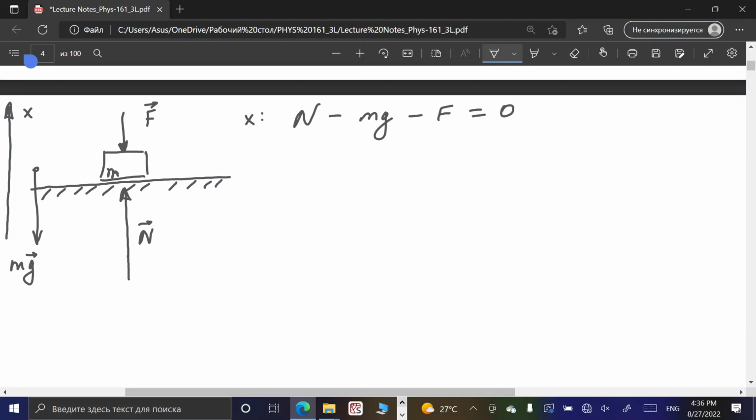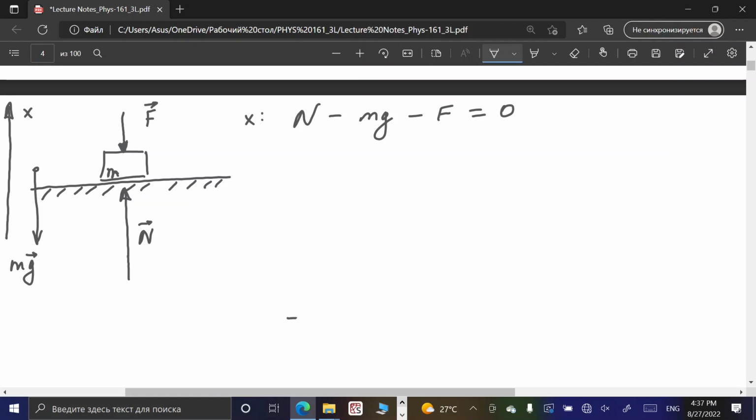So another option to be considered, to make this example a little bit more interesting, is when we have an inclined plane and there is some distribution of the weight of the block, like weight vector of the block on axis y and x.